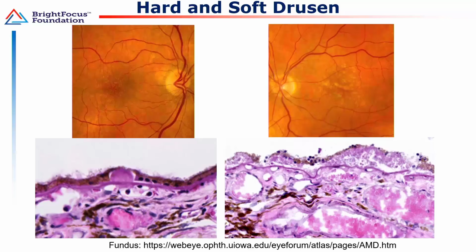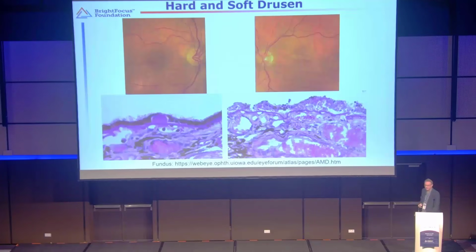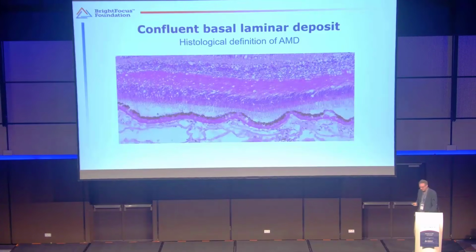Histologically, hard drusen, part of the reason why I think that they were easy to see and why they were called hard clinically is because when you're looking down through, the pigment sort of piles up on either side of these little nodular drusen, and so they're well highlighted. Whereas with soft drusen, the pigment is sort of stretched out over these more extensive deposits.